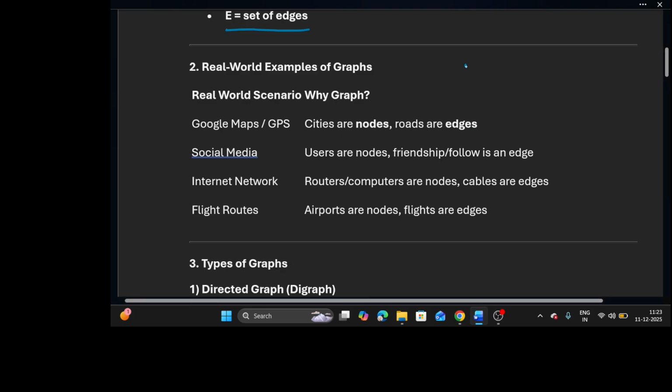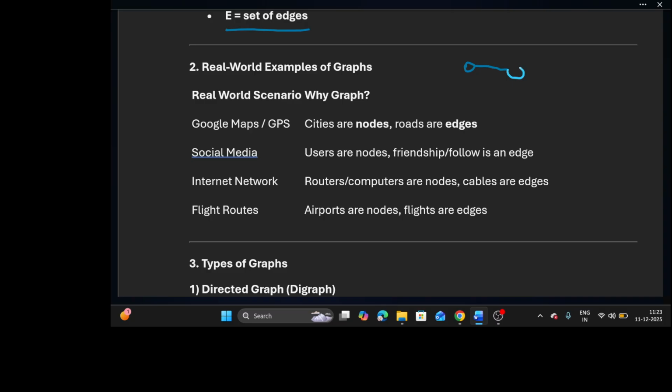In Google Maps, you can see these are the cities, one city, second city, third city, and all cities are connected with roads. So these are the edges and these are the vertices. Okay, cities are nodes and roads are edges.